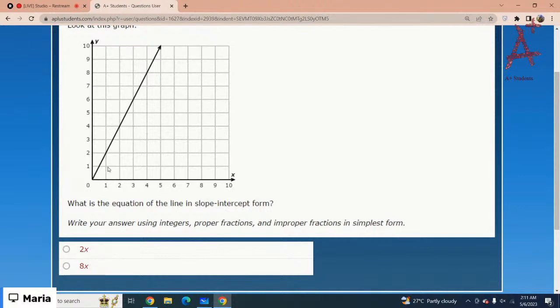The difference from this point to this point is 2 blocks, and the change in x is 1. So 2 divided by 1 is 2, that means the slope of this graph is 2. So the correct option is y equals 2x. The correct option is 2x.